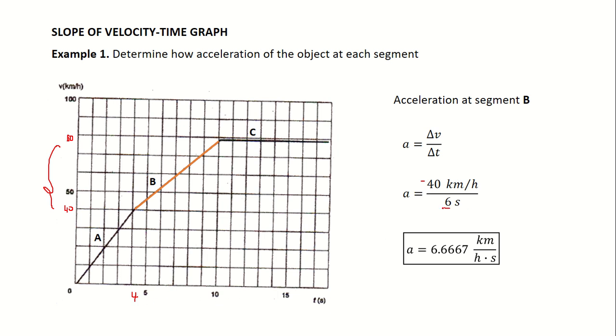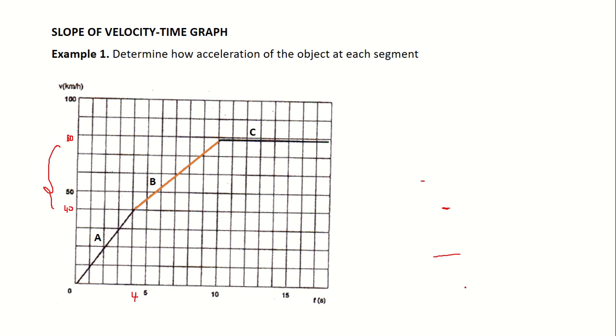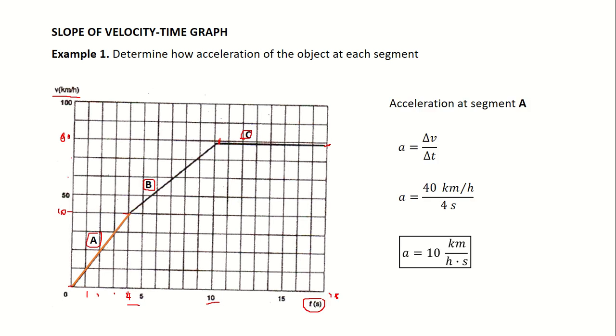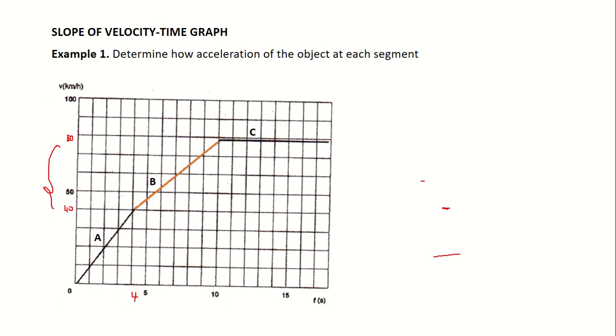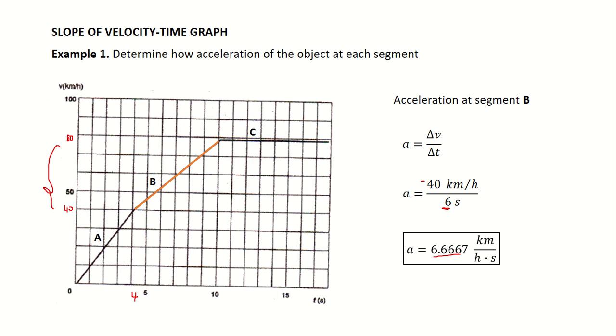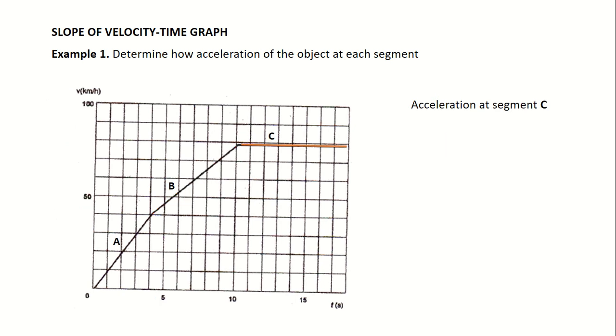So this is what you see here. My acceleration is 6.6667 kilometer per hour per second. So again, we deduce it correctly. Mas mabilis nagbago yung speed niya at segment A kaysa sa pagbabago ng speed sa segment B. Segment C, we know that the answer is 0. It happened over 8 seconds, like this.